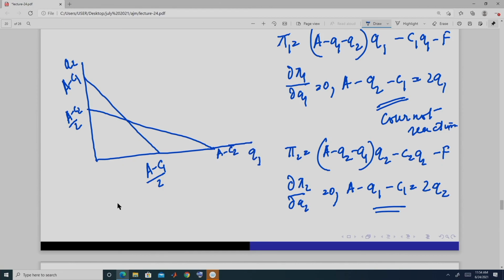Here we assume there is an implicit assumption that this is greater than (A minus C2)/2.